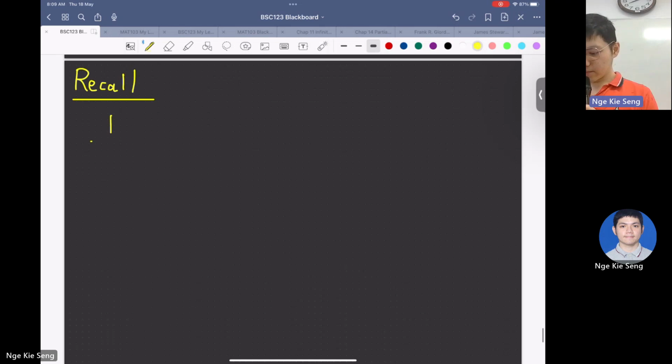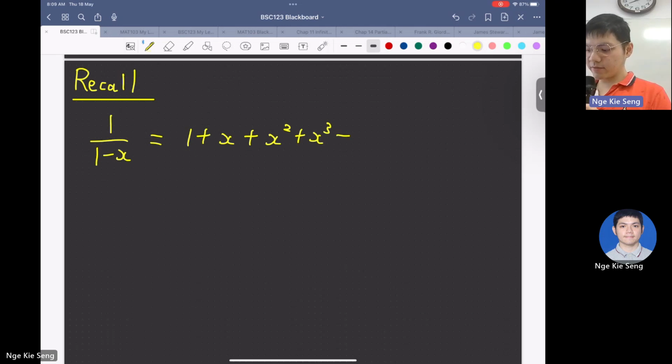So we learned that the power series of 1 over 1 minus x is the sum of x to the power n with coefficient 1. This is the most basic power series we learn, right? What's the radius of convergence?